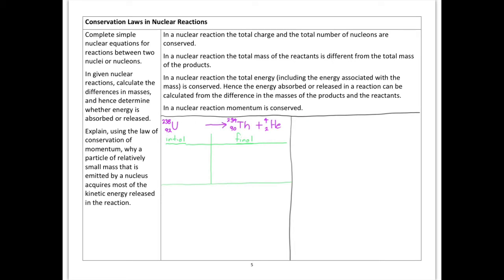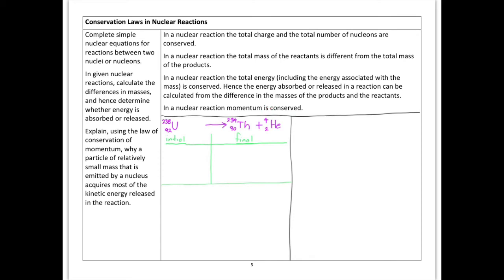And probably the hardest part of this subtopic, which I'm going to go through now, is this final dot point here: explaining, using the law of conservation of momentum, why a particle of relatively small mass that is emitted by a nucleus acquires most of the kinetic energy released in the reaction. So let's take this example where we have uranium-238, and that is going to emit an alpha particle or a helium nucleus.